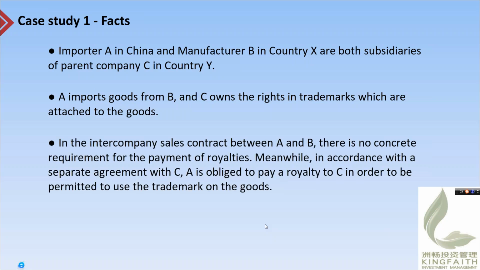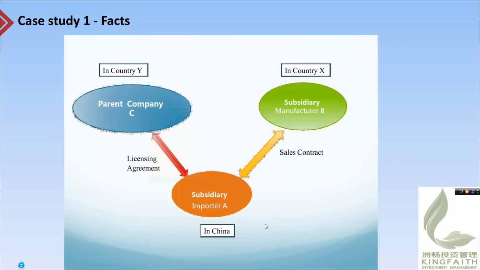In the intercompany sales contract between A and B, there is no concrete requirement for the payment of royalties. Meanwhile, in accordance with a separate agreement with C, A is obliged to pay a royalty to C in order to be permitted to use the trademark on the goods. We have the diagram here, which shows the relationships between these three parties.